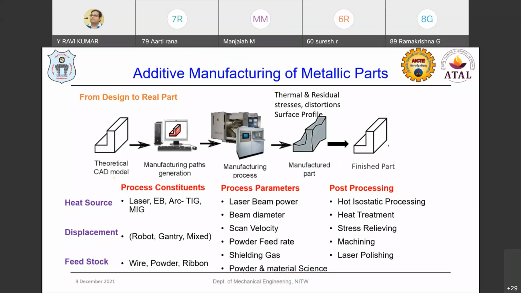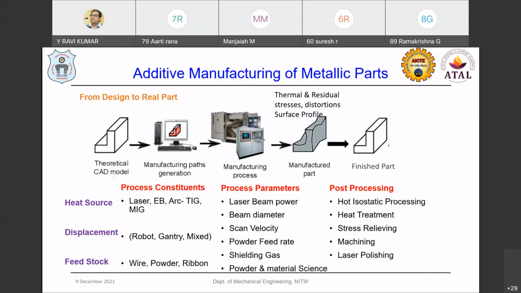As I have discussed in my earlier lecture also, there are three major metal additive manufacturing processes. One is the direct energy deposition process, the powder bed fusion technologies, that is the SLM or SLS process, as well as the binder jetting process. In DED itself, we have the laser direct energy deposition process and the wire arc additive manufacturing process.